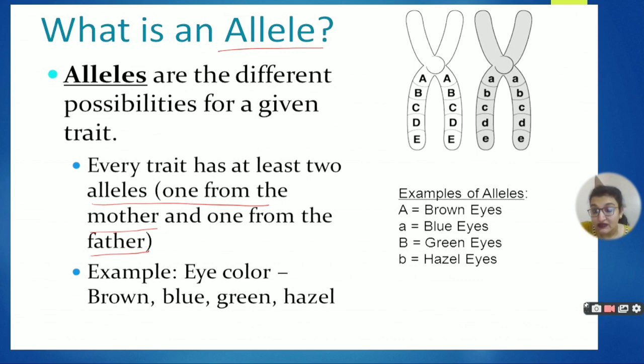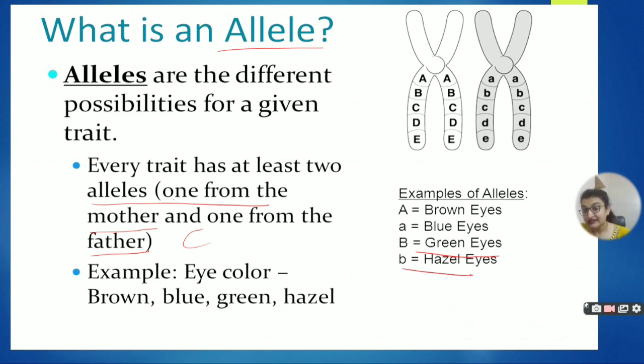Now, in the example shown on the screen, we can see that capital A is expressing the brown eyes, and the recessive trait is the small a. When we talk about the green eyes, it is shown by capital B, and the hazel is shown by small b. So these are the alleles.